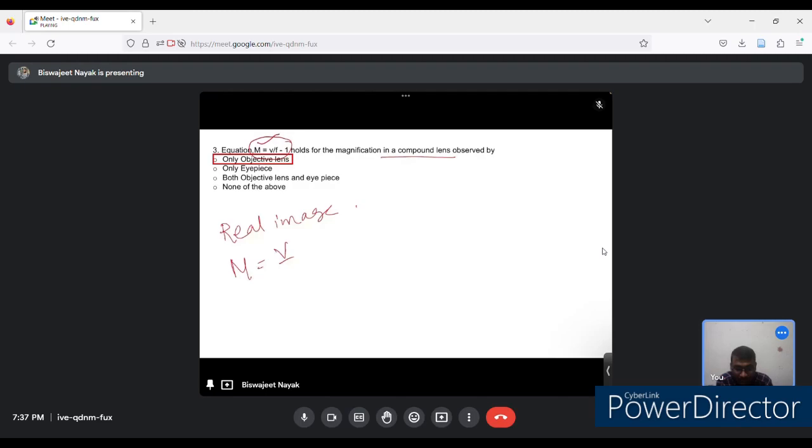For a virtual image the magnification was given as v by f minus 1, and this corresponded to the eyepiece. So here it is only the objective lens, so this magnification is observed only by the objective lens.